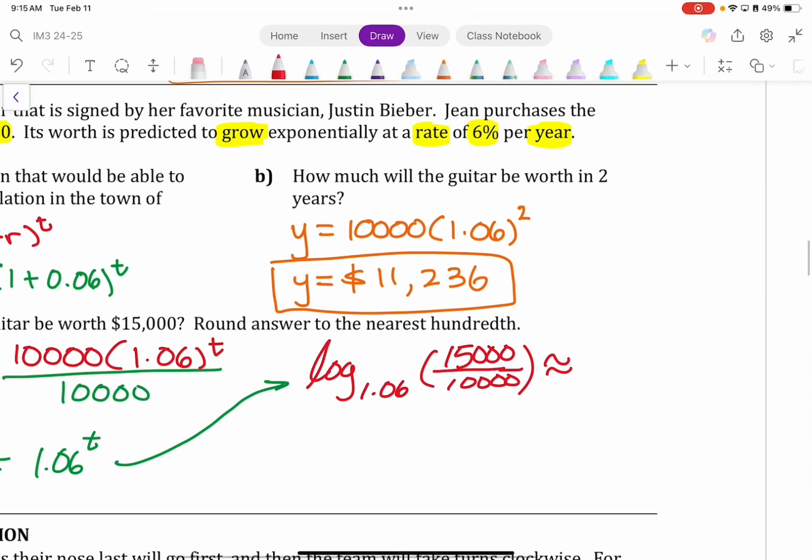So you're going to put that in your calculator: log base 1.06 of 15,000 over 10,000. Once you have it, check your work with me. If you're rounding to the nearest hundredth, it would take approximately 6.96 years, almost a full 7 years, before the guitar goes from $10,000 to $15,000.